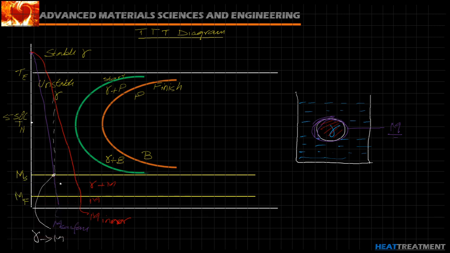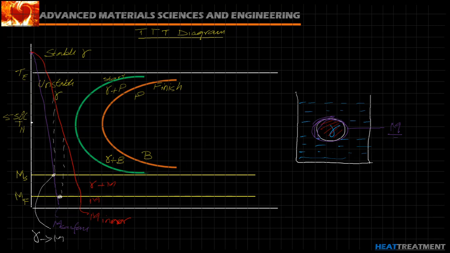Here, this purple shows the outside temperature, and that is cooled down to the complete transformation of the martensite. At this temperature, the inside of the component is still austenite.